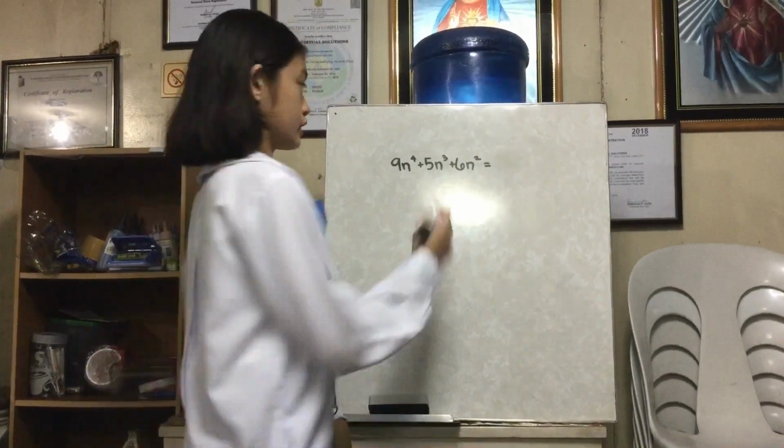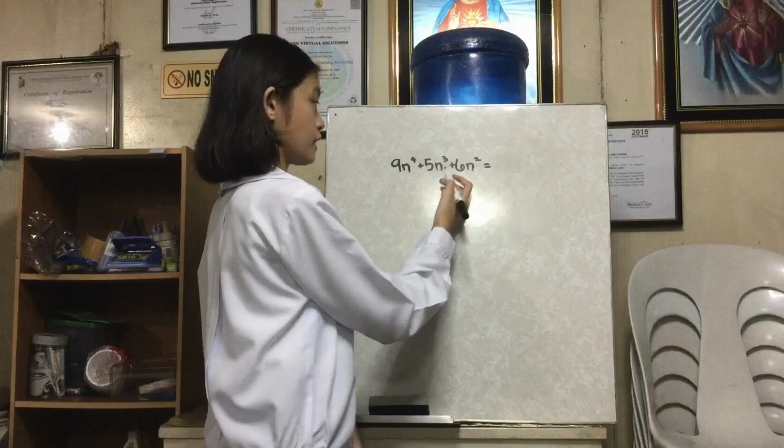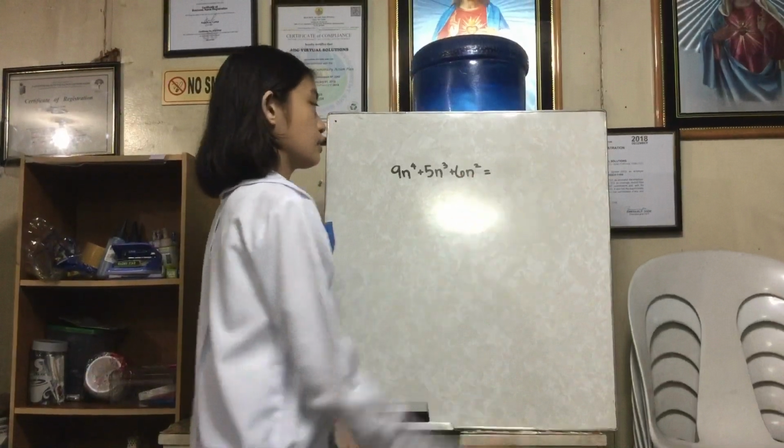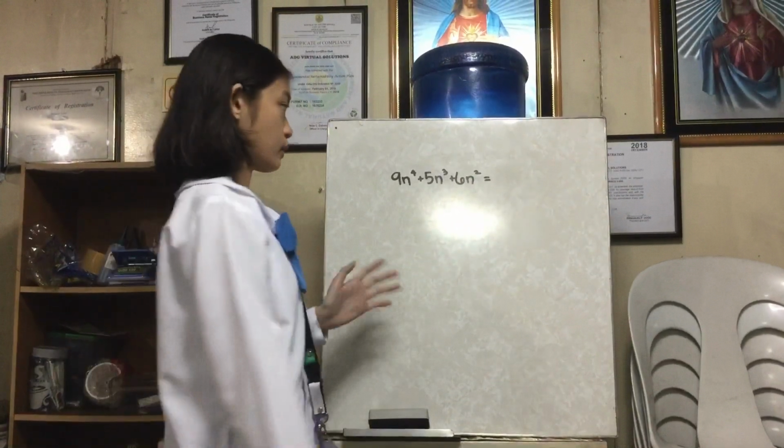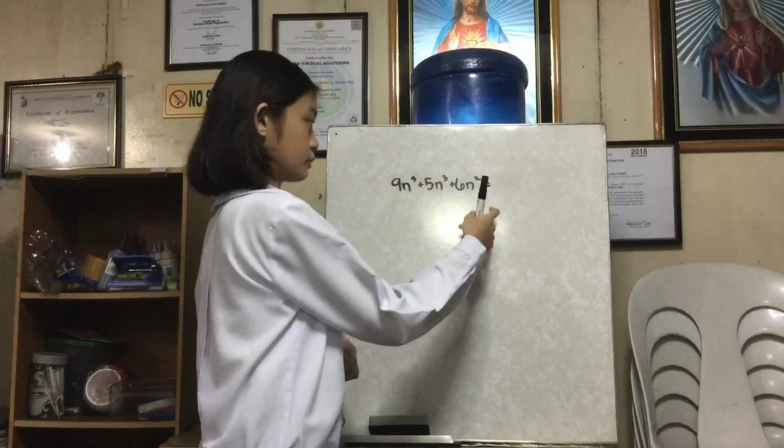Last example is 9n to the 4th power plus 5n cubed plus 6n squared. You can see that n squared can be found in the three terms.